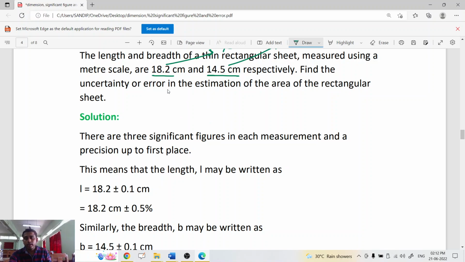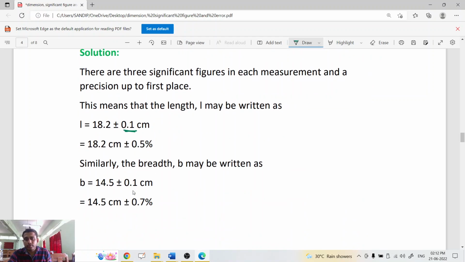Okay, now here you can see 18.2, so that means after the decimal point we take one digit, so here the error part we take 0.1 centimeter in length. Similarly for breadth we take 0.1 centimeter. Now this is the length value and this is your breadth value.